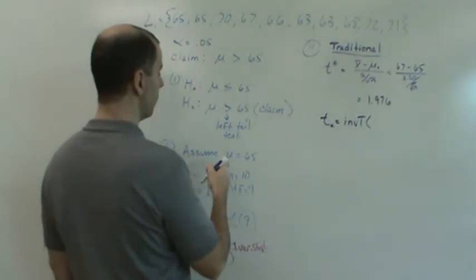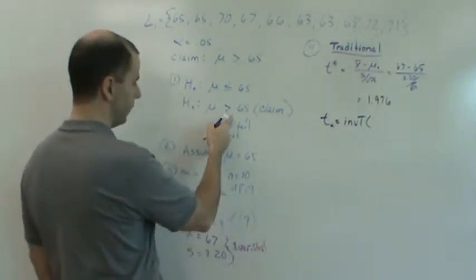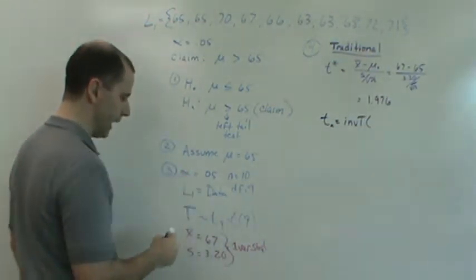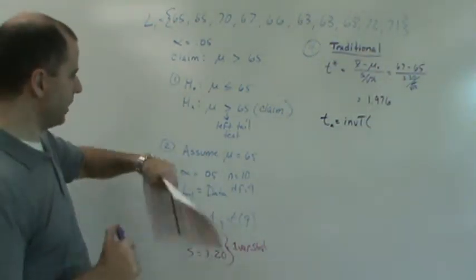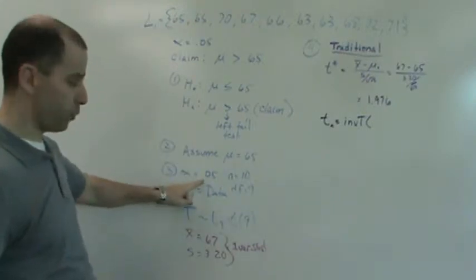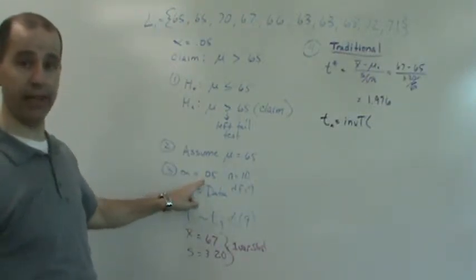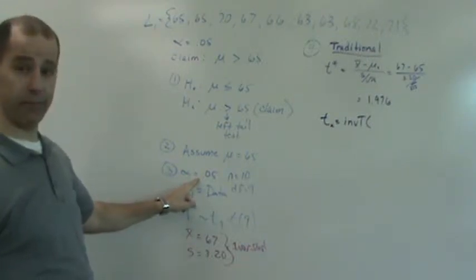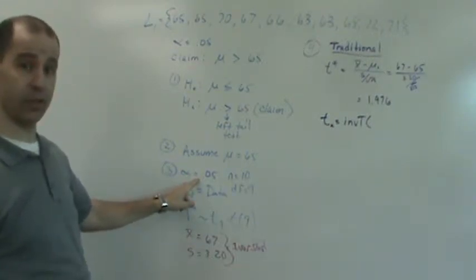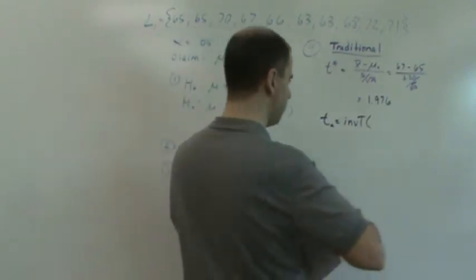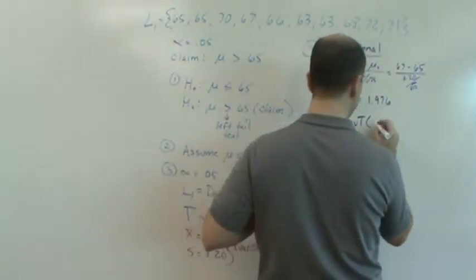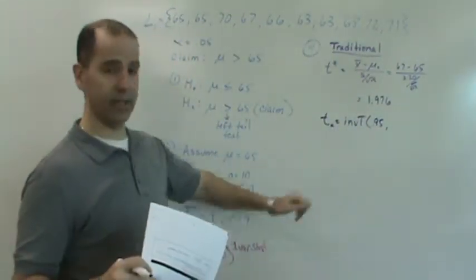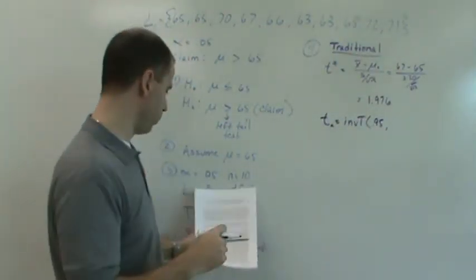Alpha is 0.05, which means the area in the right tail is alpha, so the area to the left is 1 minus that, which is 0.95. I put 0.95 into my calculator, and then the degrees of freedom, which is 9.